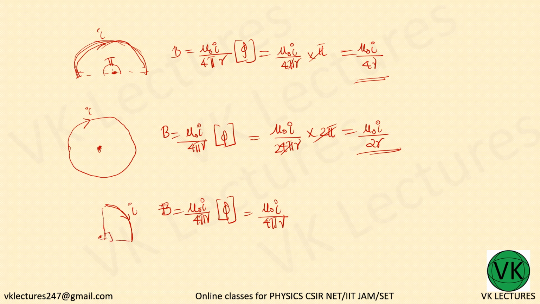This is 90 degree, so it's pi by 2. So pi and pi get cancelled. How much is the result? Mu 0 I by 4 into 2 is 8, so mu 0 I by 8r. This is the expression. This is how we find a magnetic field due to a circular current.